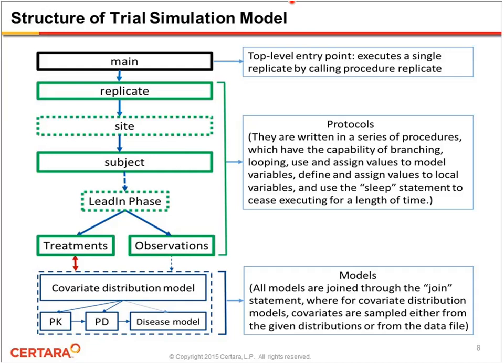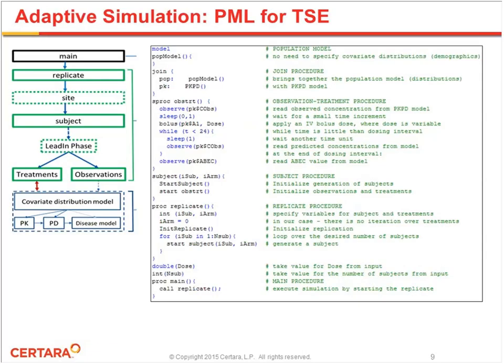How does it look in PML code? This is a PML code for a very simple trial simulation run. And as you can see, this is just an extension of what we already know from previous sessions. So at the very beginning, the trial simulation asks for a population model which really specifies covariate distribution, the demographics of the data.